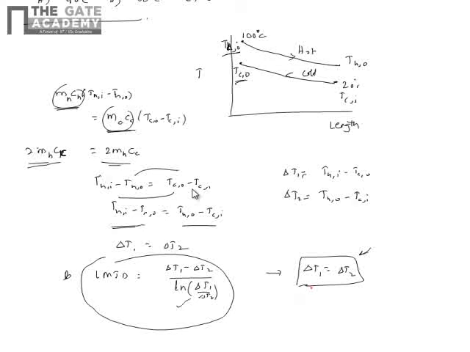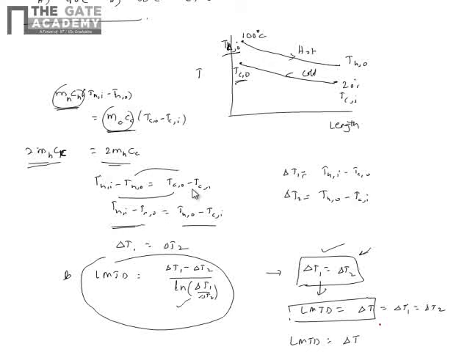So when delta T1 is equal to delta T2, the LMTD is just equal to delta T, which is nothing but delta T1 or delta T2, because both are equal. So in that case my LMTD is just delta T1 or delta T2.